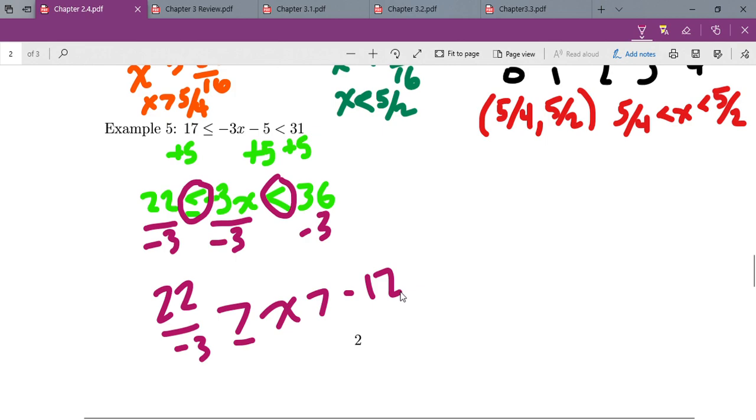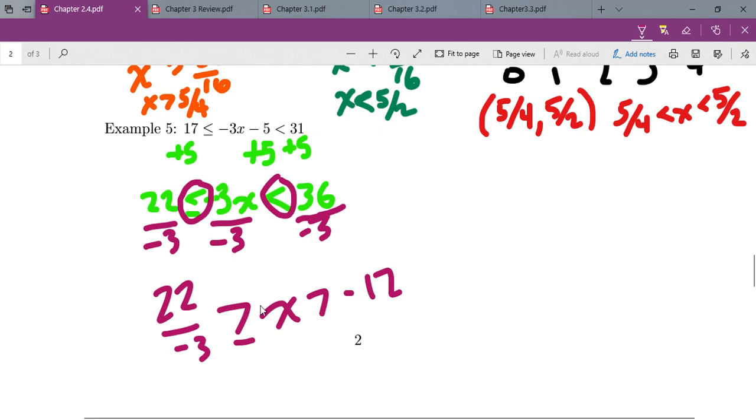We definitely want to simplify if we can, which is why we simplified 36 divided by negative 3 to negative 12. We can't simplify this 22 over negative 3. But we need to make sure this makes sense, because sometimes when you divide by negatives, it turns it into a statement that doesn't make sense, and maybe it didn't make sense to begin with.